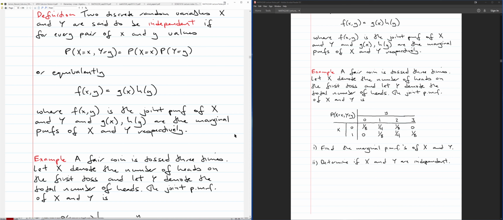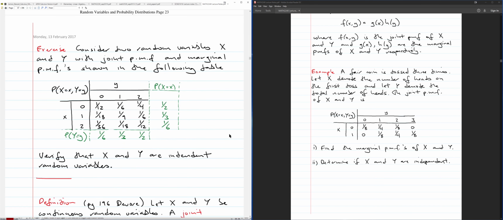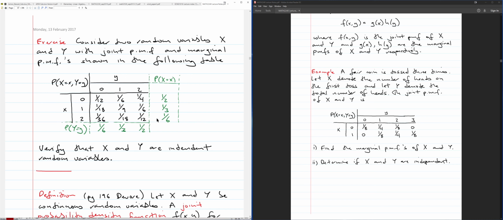How you get an idea is you look at the PMF over here. In order for it to be independent, the rows have to be multiples of each other.